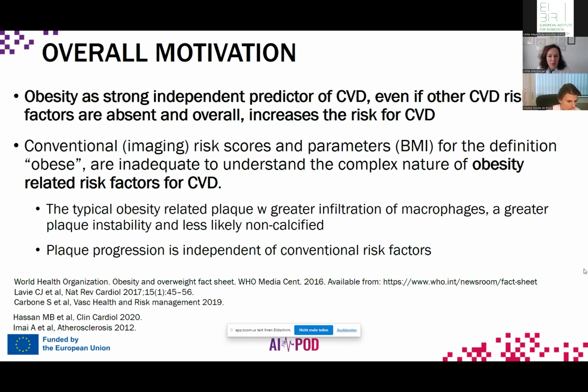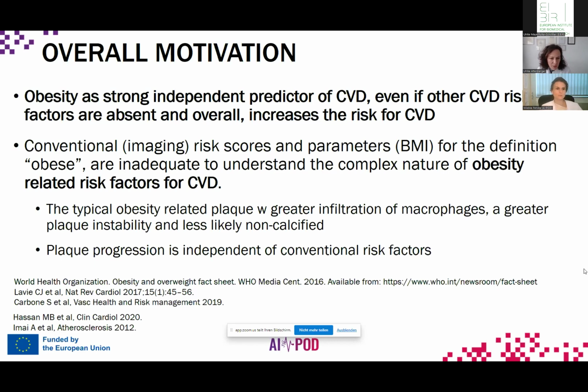From a radiology perspective, and also having Wiebke's input from the clinical side, the conventional imaging risk scores, such as the Agatston score, for example, and clinically used parameters, such as the BMI, are inadequate to really understand obesity, because obesity has a very complex nature, and not only obesity per se, but also the obesity-related risk factors for cardiovascular disease.